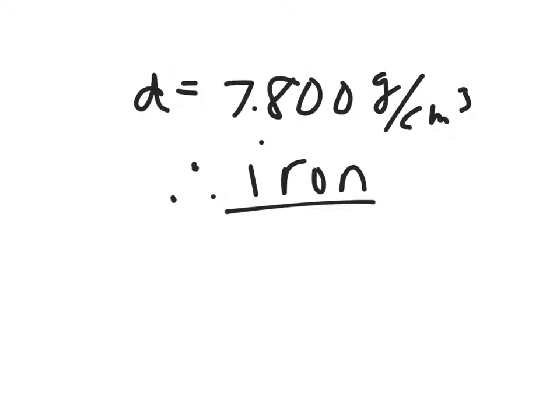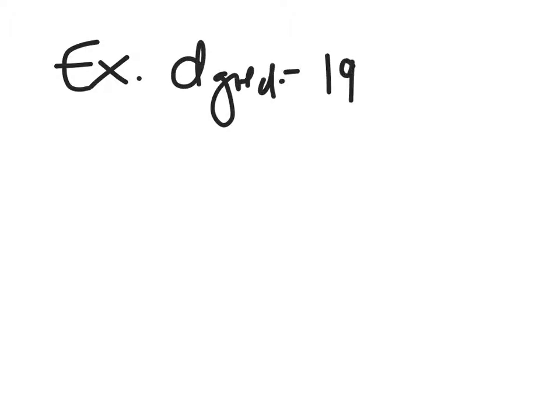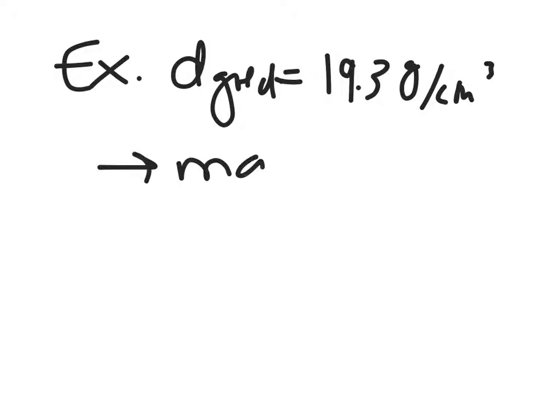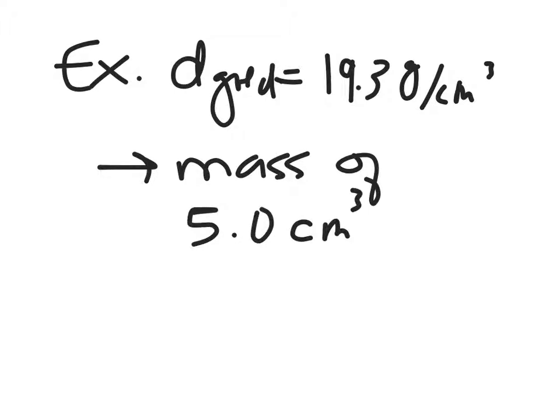So let's do an example now where we utilize density as a conversion factor. So let's say we know that the density of gold is 19.3 grams per centimeter cubed. And I want to know what is the mass of a sample of gold that has a volume of 5.0 centimeters cubed.